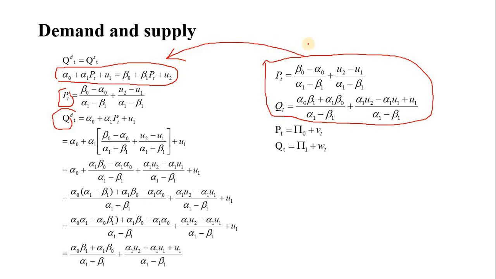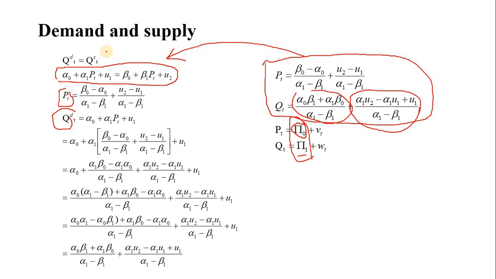Look here, Pt is equal to (beta 0 minus alpha 0) divided by (alpha 1 minus beta 1). This is pi 0. This is the error term, so it is Vt. Qt is equal to this one term, so it will be pi 1, then this is the Vt. Now look here, we have only two parameters in the reduced form.